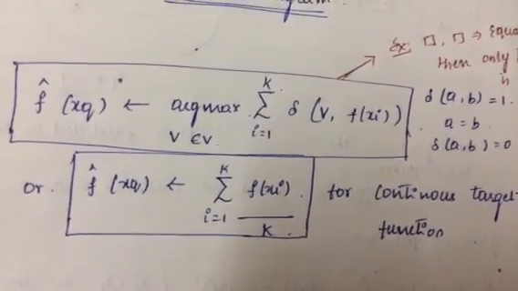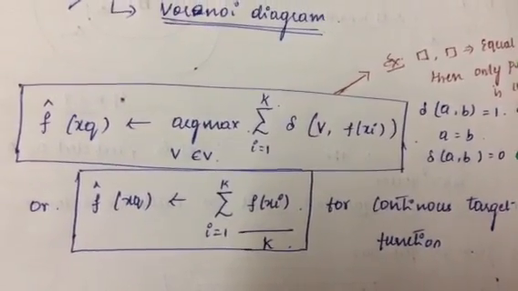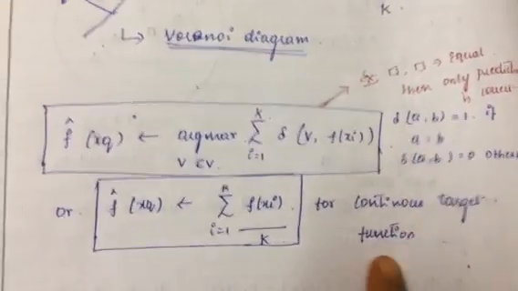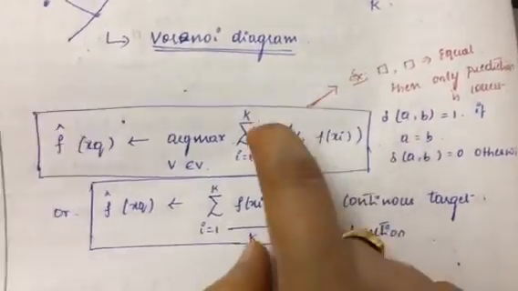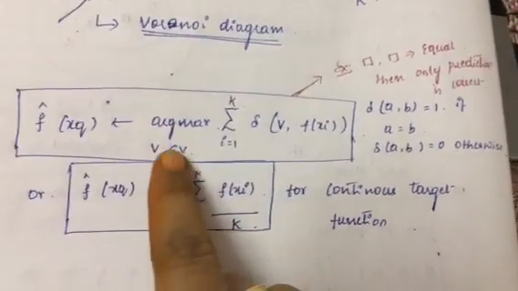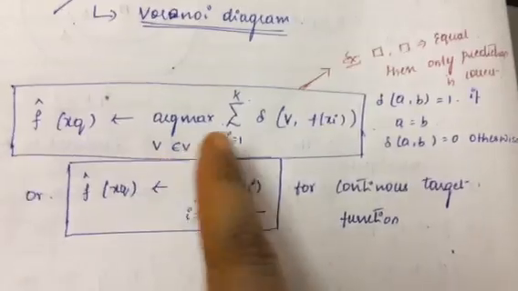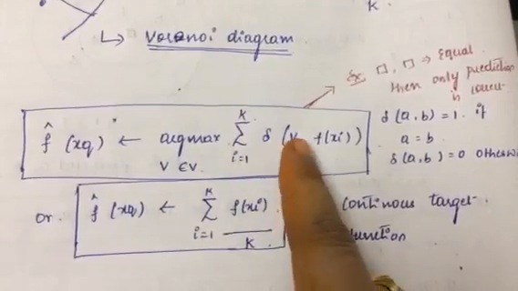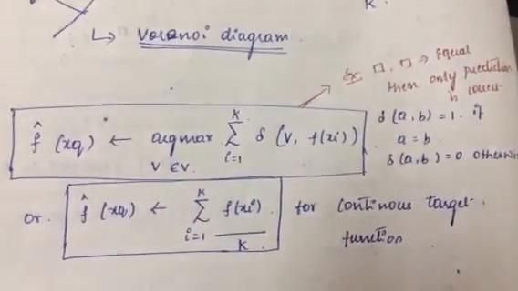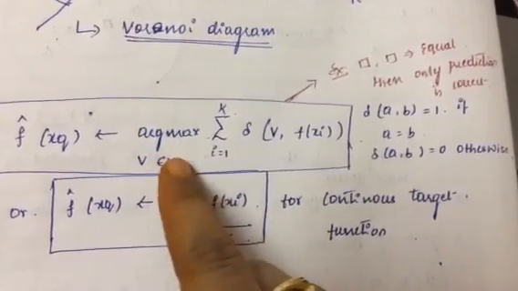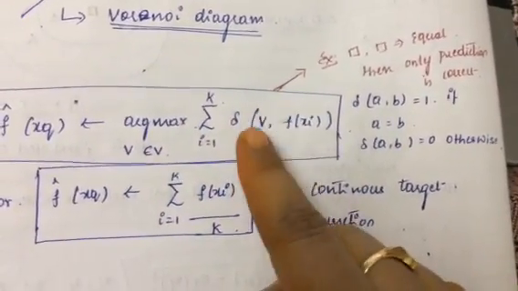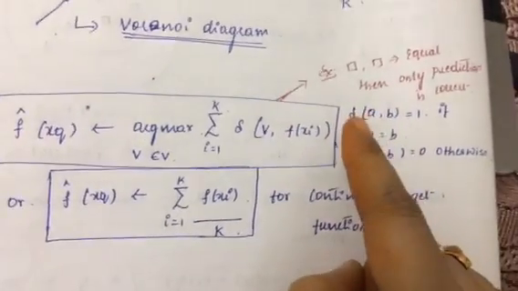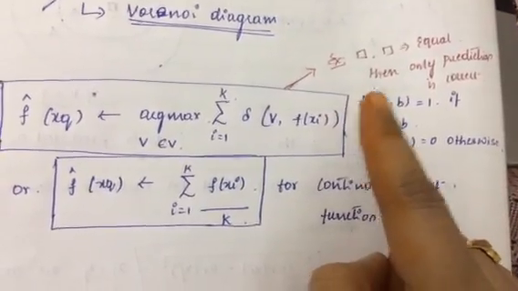arg max, that is an argument maximum, V belonging to V. This is for a discrete valued function and this is for a continuous valued function. Understand, this formula is for discrete and this is for continuous value. That's why I have considered here the finite set. Since it is a discrete valued function, each of my instances V1, V2, V3 up to Vk belongs to my complete set V, delta of V comma f of xi. Delta is nothing but my delta function or my unit impulse function.